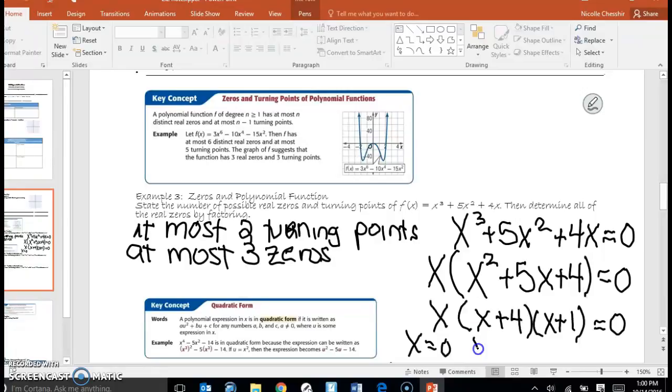So we set x plus 4 equal to 0 and x plus 1 equal to 0. So solving, we have 3 zeros: x equals 0, x equals negative 4, and x equals negative 1.